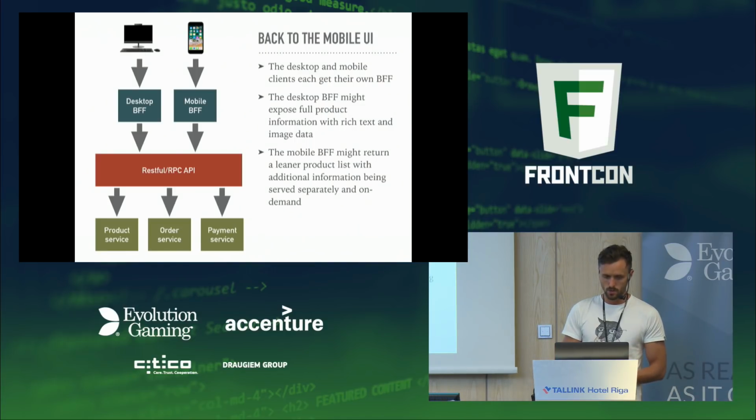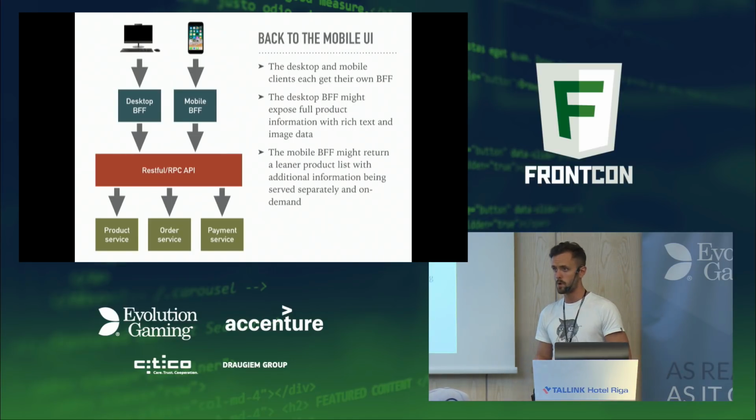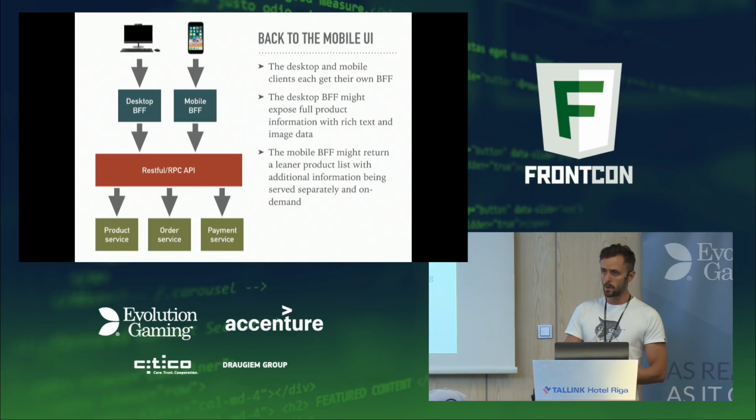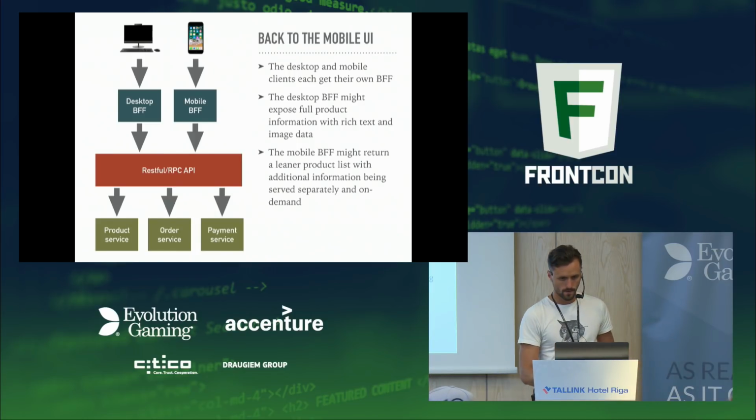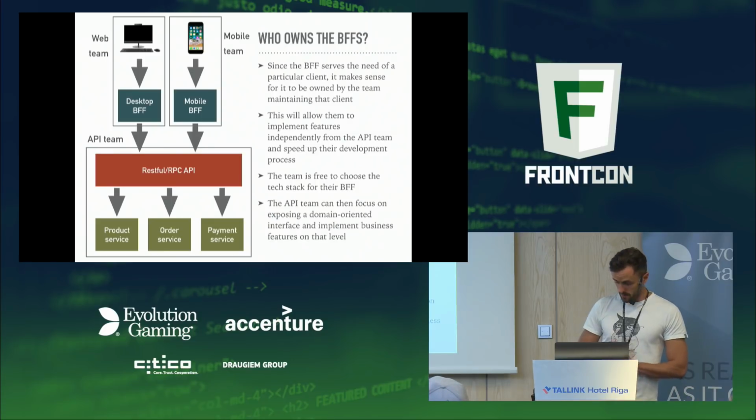So for instance, the work of the desktop BFF would be to fetch all of this rich data and present it to the web UI, while the mobile BFF would be implemented in a way to return leaner product information, for instance omitting images and text which you might not be willing to display on the mobile screen. So this is from a technical point of view.